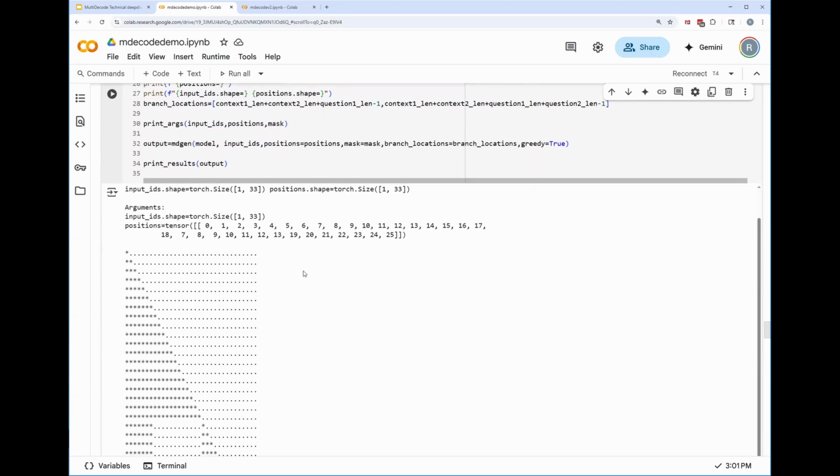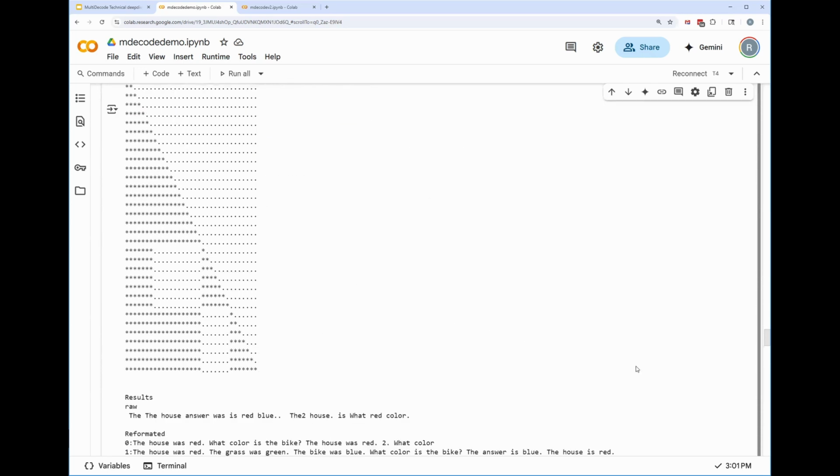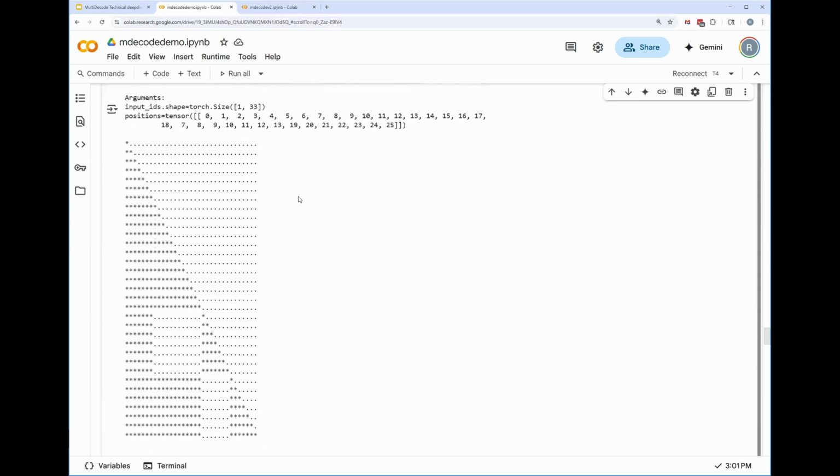Okay, so the input to this, let's see, what is this? Probably this is all of the context prompt. This is 7, so this would be question 1 that's going to follow token 6. It'll start from there.